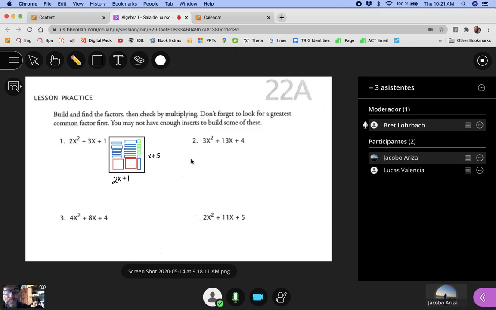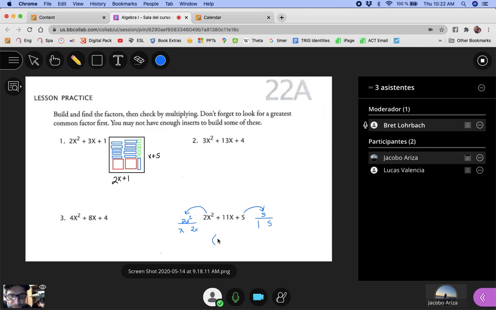So the second part, again, this is how you would do it the other way. You start with factors of 5, and this is why I told you to write them out off to the right last lesson. Because on this lesson, you have to put the factors of 2x squared off to the left. And the factors of 2x squared are just x and 2x. So now we have to arrange them. And here there's only 2 options.